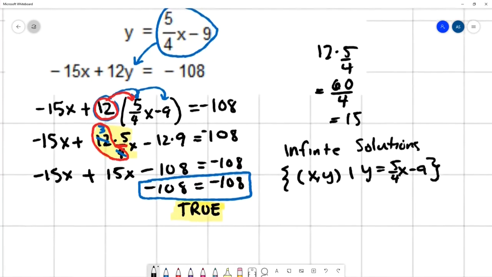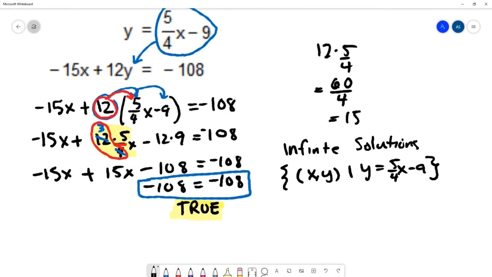Or if my math lab tells you to write it as an ordered pair in terms of x, it would be x comma 5 fourths x minus 9.